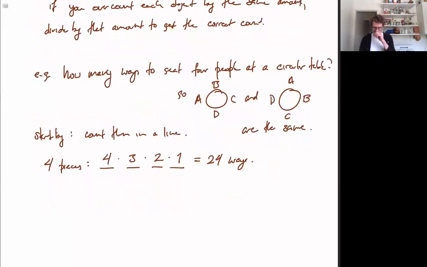And now, the point is that each seating in a circle corresponds to exactly 4 seatings in a line.